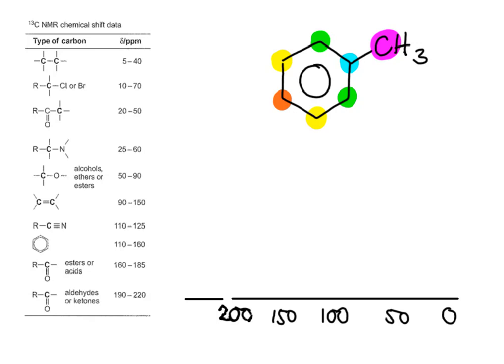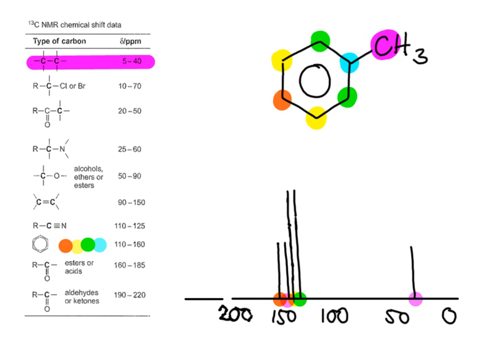The one that I've labelled purple would appear in the 5 to 40 region, but all of the others, the blue, the green, the yellow and the orange, will all appear in the aromatic region, so our spectrum will look something like this.